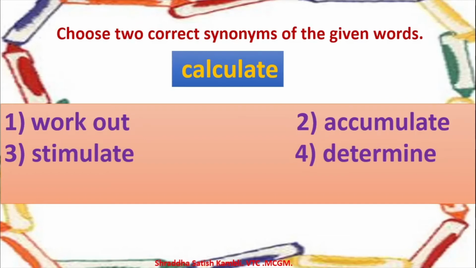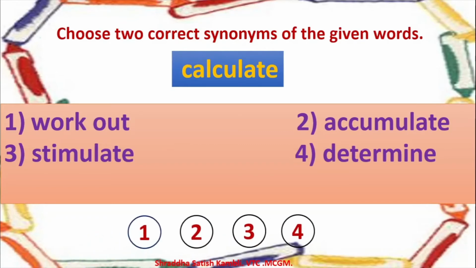So does it mean work out something? Does it mean to accumulate something? Does it mean to stimulate, or does it mean to determine? So calculate means what? What are the different contexts in which this word could be used? So the 2 answers are, one is work out and the last one is determine.